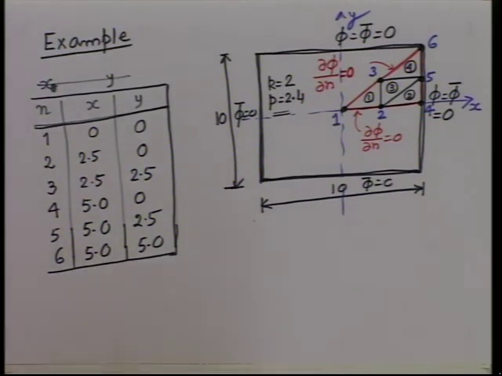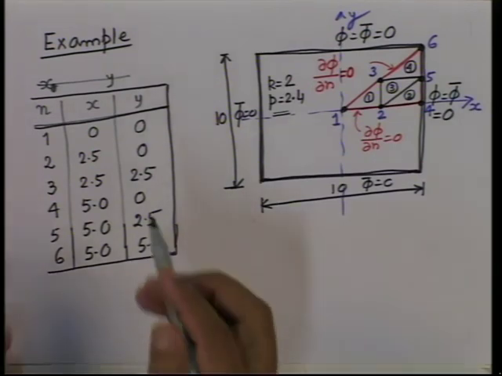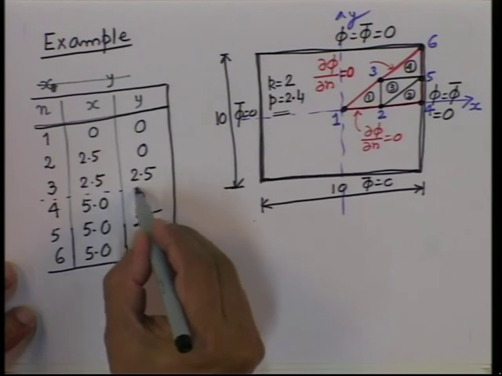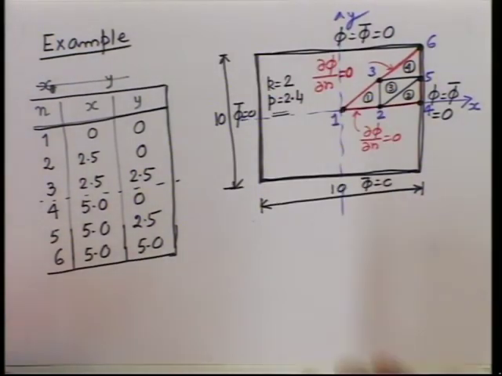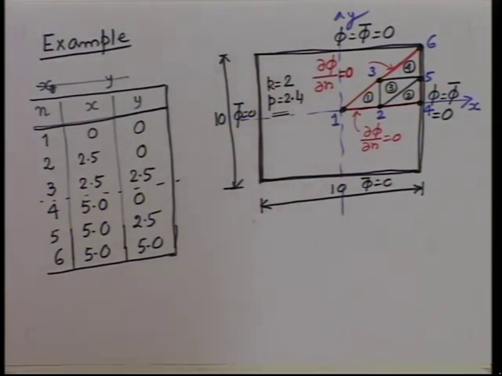So, come to element number 1. Element number 1 uses nodes 1, 2, 3. And then we have to find out all this, b i, b j, i going from 1 to 3. So, this has to be found.